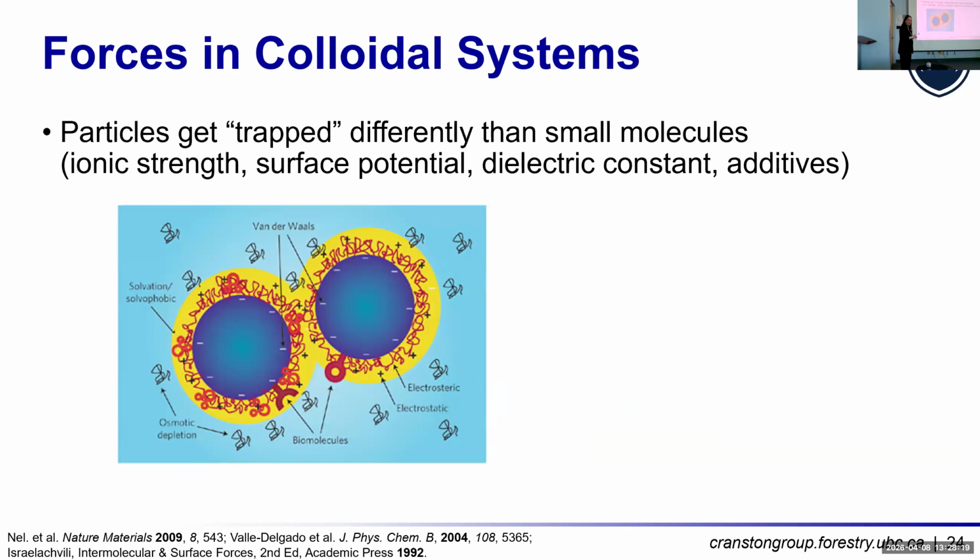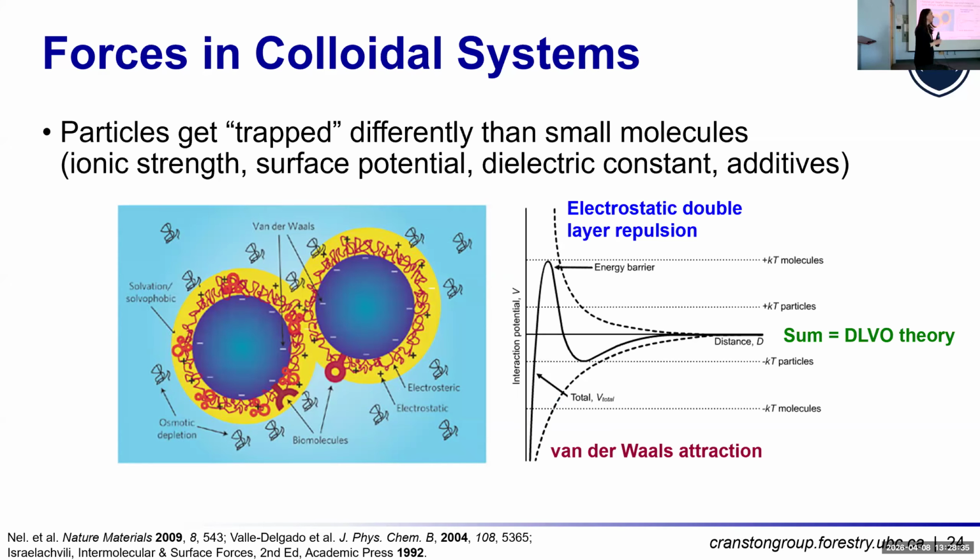But the typical theory that we turn to when we're talking about particles in a liquid environment is called DLVO theory. DLVO theory is very simply the sum of electrostatic double layer repulsion, so when we try and bring two charged particles together, they repel each other, but there's always van der Waals attraction present.